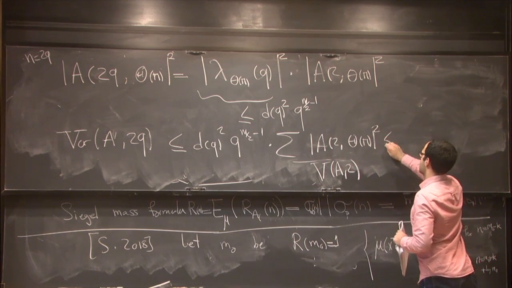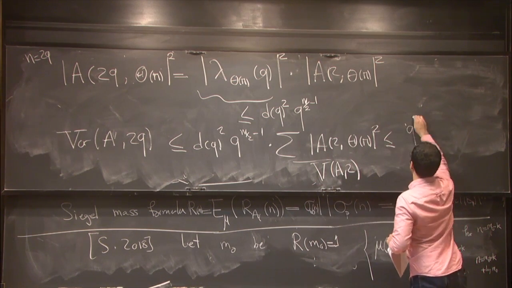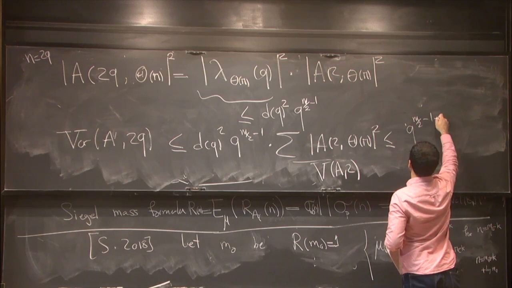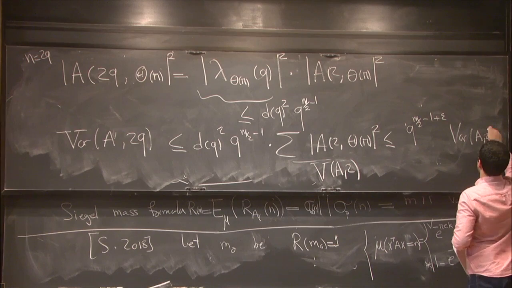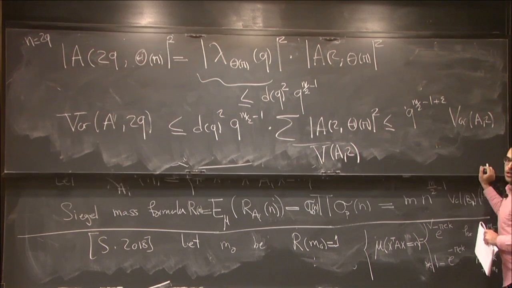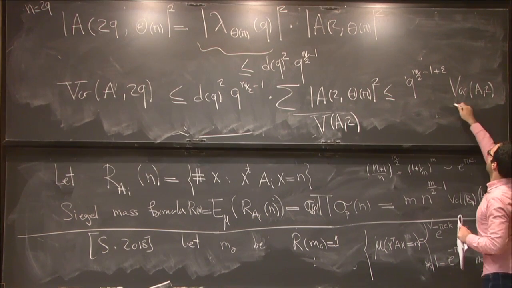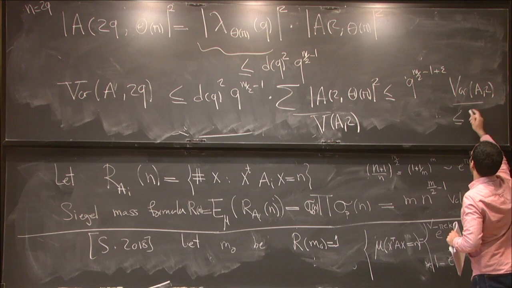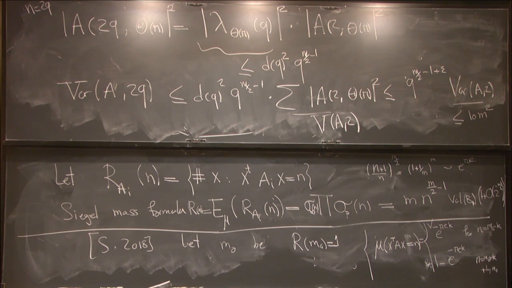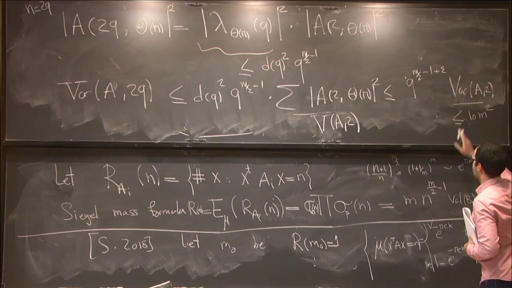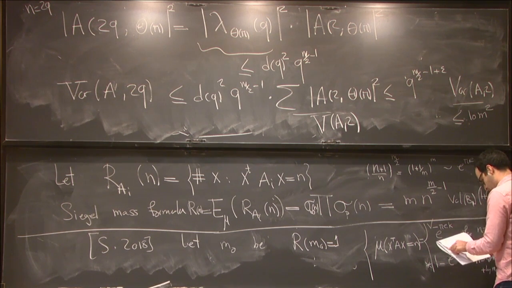So it's going to be less than or equal to q to the m half minus 1 plus epsilon times the variance of a and 2. And you can do this calculation elementarily and show that this number is actually less than 10 times m squared. And you plug in.